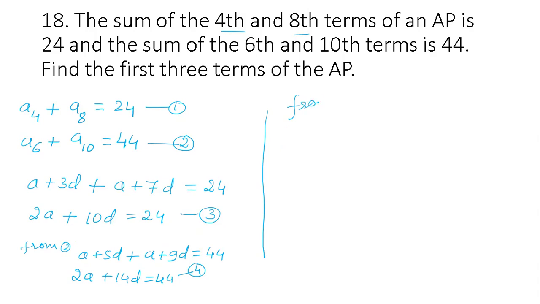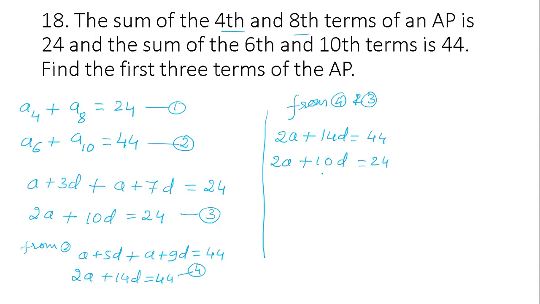Using 4 and 3: 2a plus 14d is equal to 44, and 2a plus 10d is equal to 24.